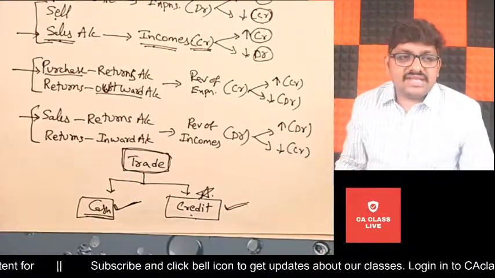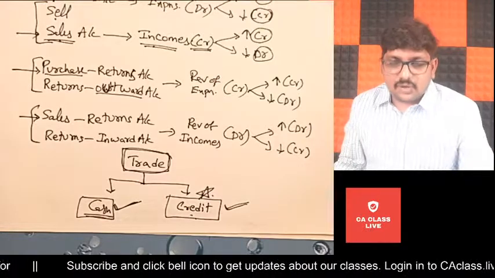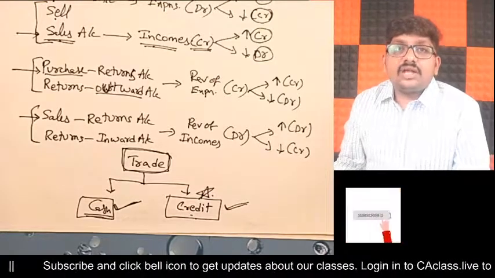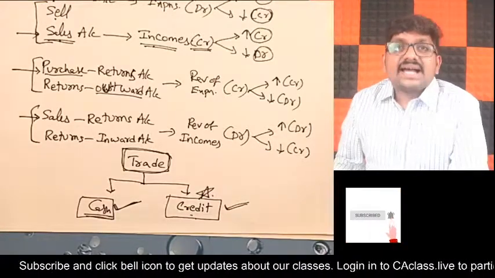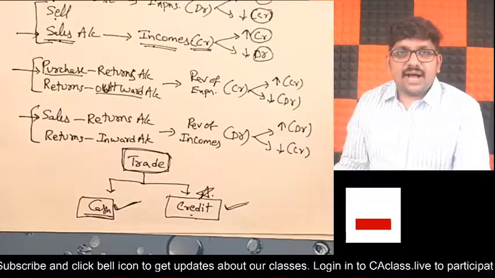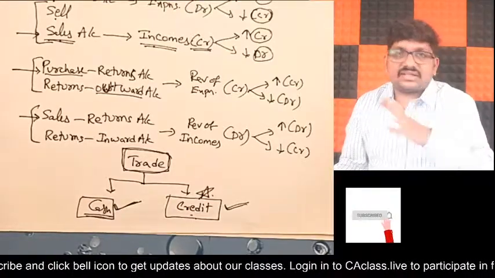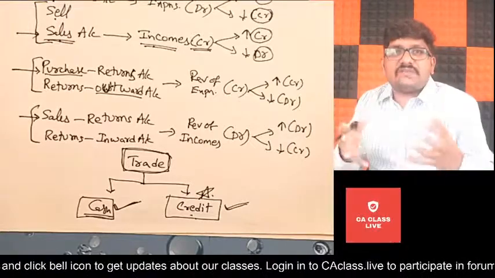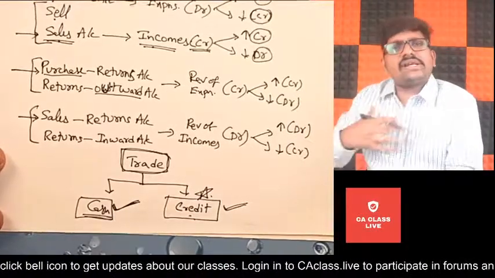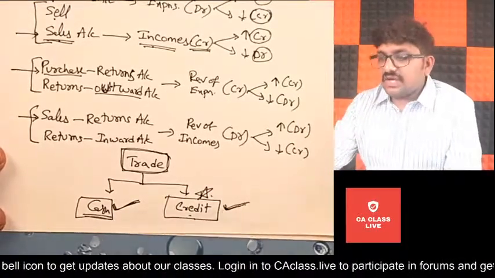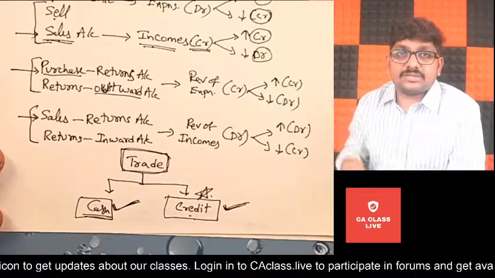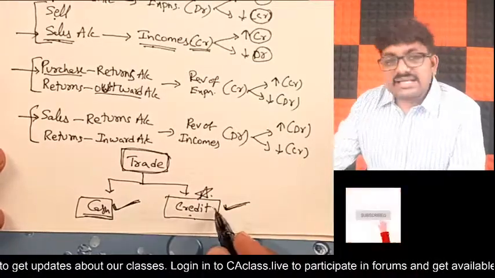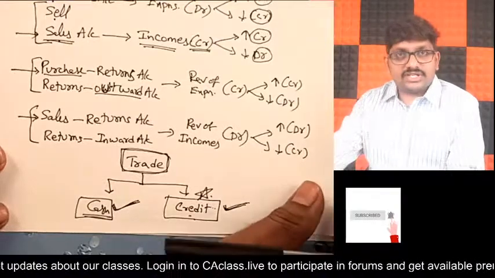As far as our CA course is concerned, friends, we will take those goods as credit transactions if nothing is told. If it is told specifically that it is a cash transaction, I treat it as a cash transaction. If it is specifically told as a credit transaction, I'll take it as credit transaction. But if nothing is told, you treat it as credit transaction. Got it, friends? Good.